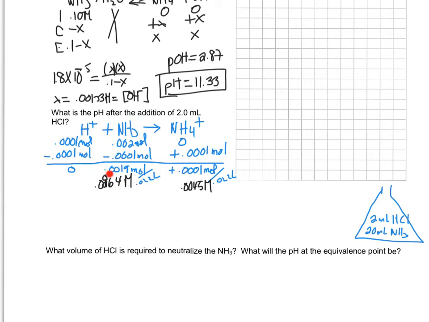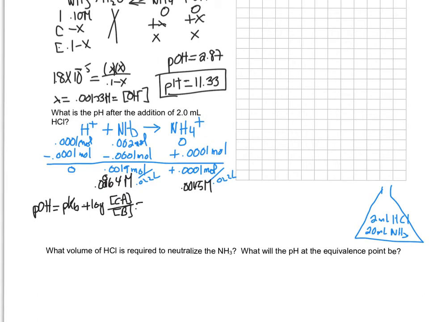All right, let's look at what we have. At the end, I have a weak base and its conjugate. How do you find the pH when you have a weak base and its conjugate? Two ways. First, you write out the dissociation of your base, and then you either do an ice chart or you do a Henderson-Hasselbalch. I'm going to do a Henderson-Hasselbalch because it's a lot easier. Since this is a base, it is more correct to do the Henderson-Hasselbalch with the base equation, which says pOH is equal to the pKb plus log of the conjugate acid over the base.